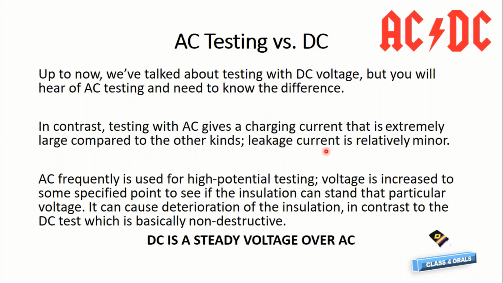So the leakage current is relatively minor, and it will not be helpful in detecting the leakage. AC is frequently used for high potential testing, where the voltage is increased to a specific point to see if the insulation can withstand that particular voltage. AC can also cause deterioration of the insulation, but the DC test is always non-destructive, because DC is a steady voltage compared to AC testing.